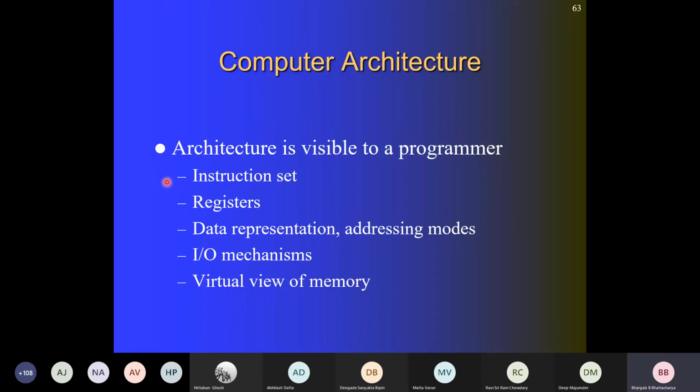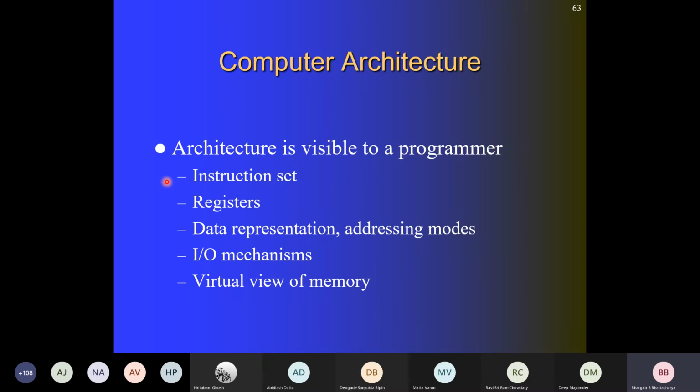In summary, computer architecture is visible to programmers only. As a high-level language programmer or assembly language programmer, you are concerned with what instruction sets are available in the machine.